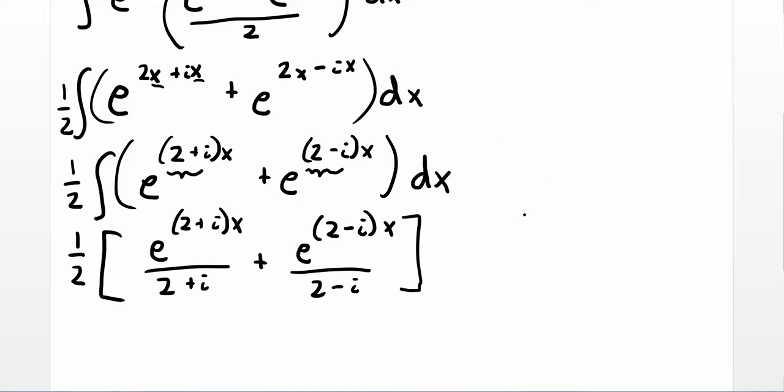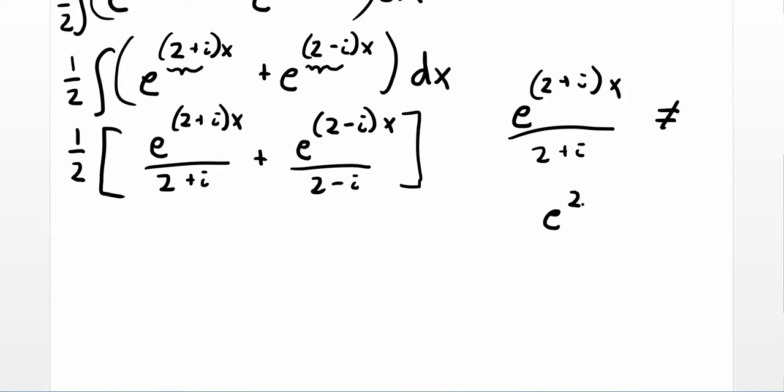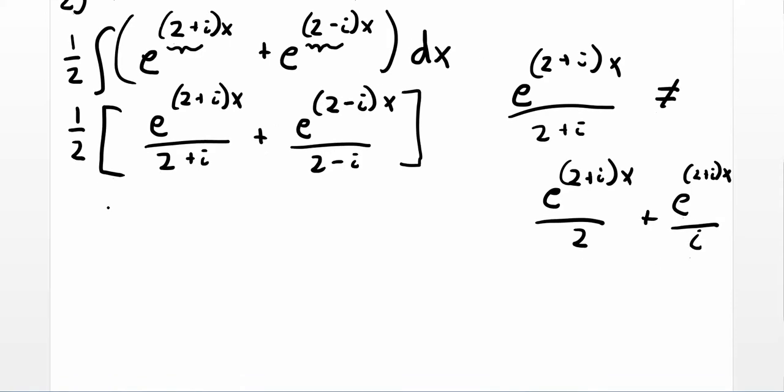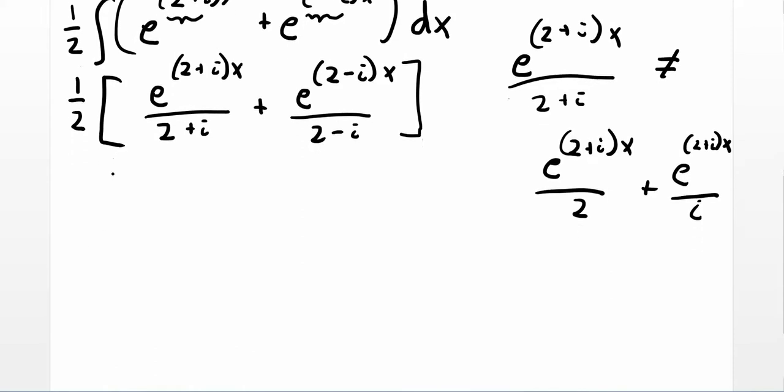Remember that it is unfortunately not the case that e to the 2 plus i x over 2 plus i is equal to e to the 2 plus i x over 2 plus e to the 2 plus i x over i. Fractions don't work like that. It'd be nice if they did, but they don't. So that's alright, we'll try something else.